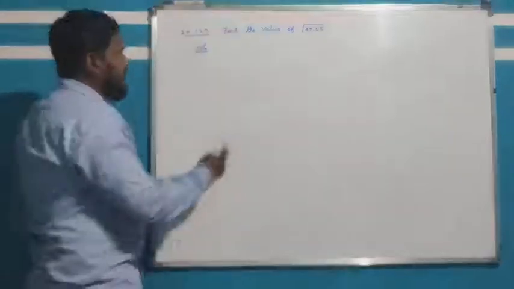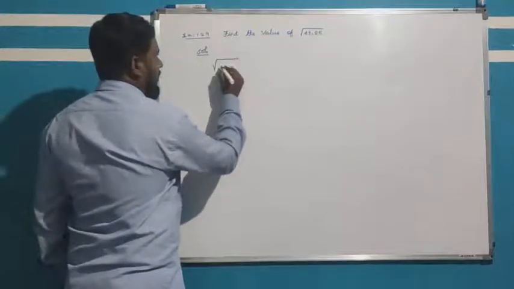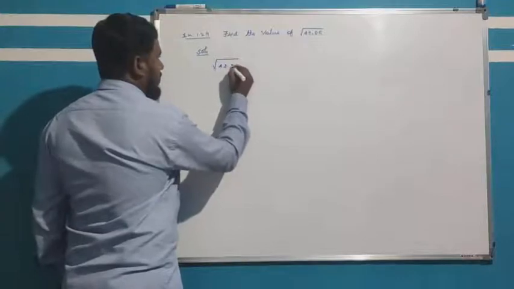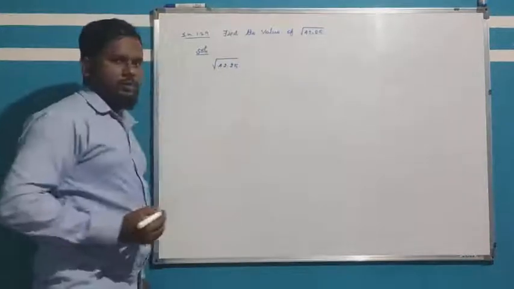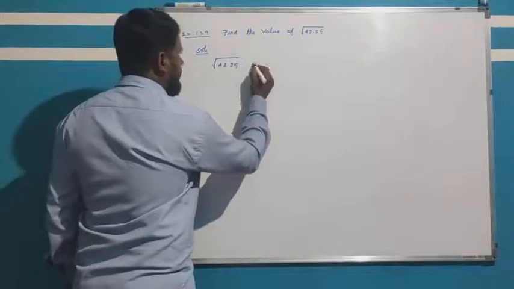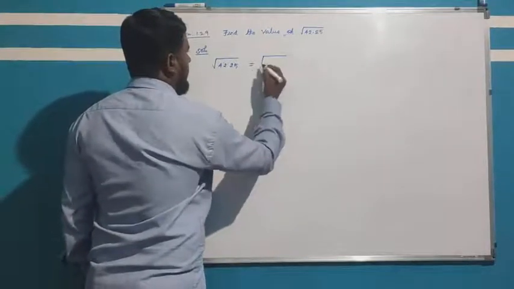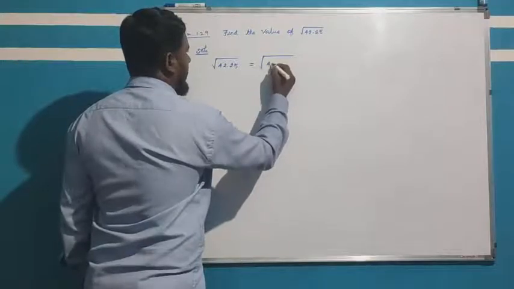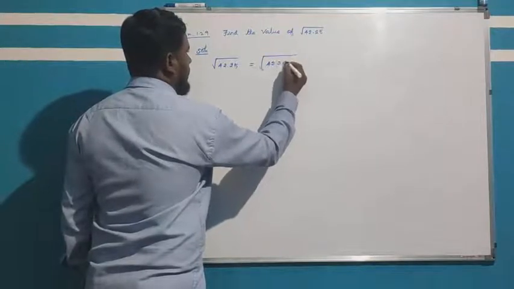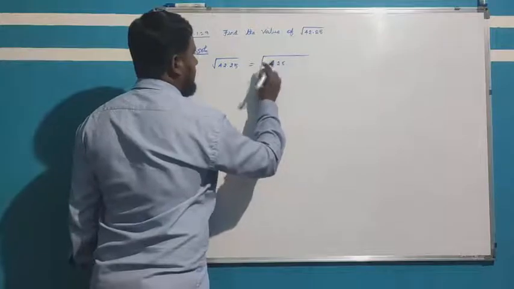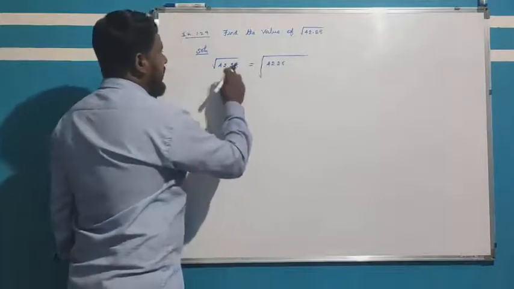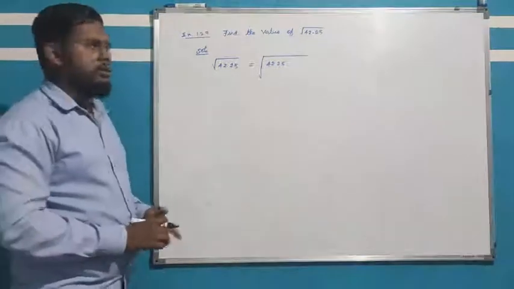We can see here the square root of 42.25. There are 2 digits after the decimal point.